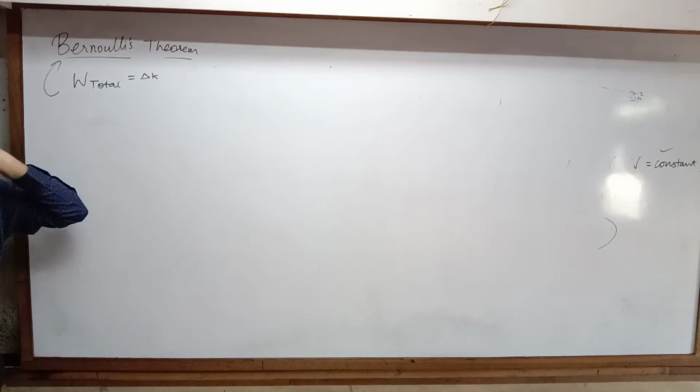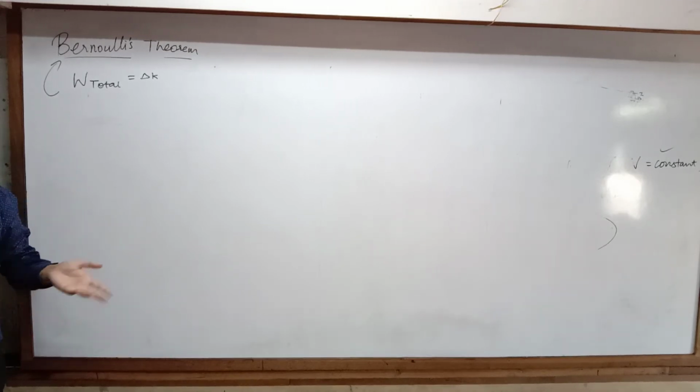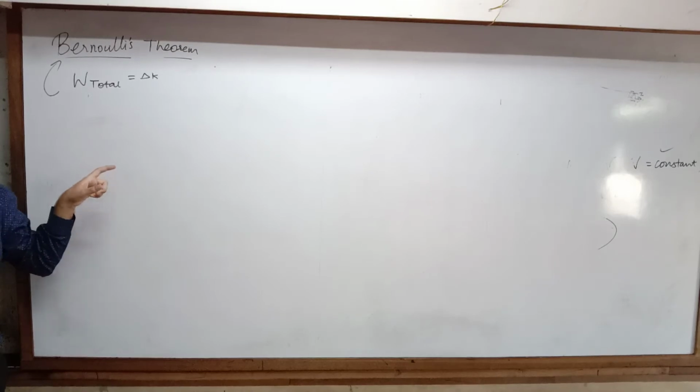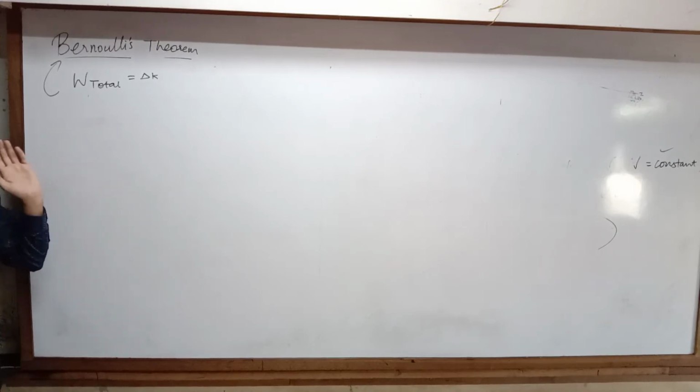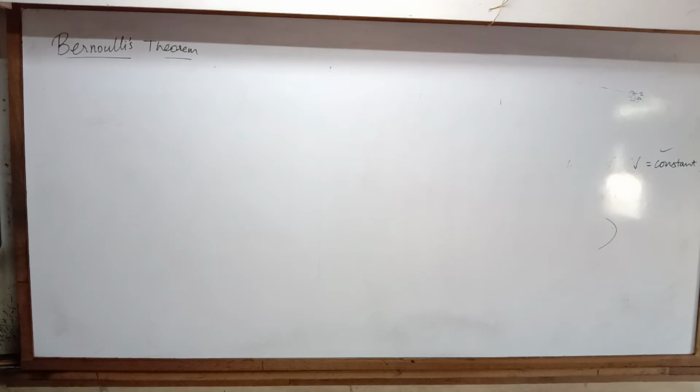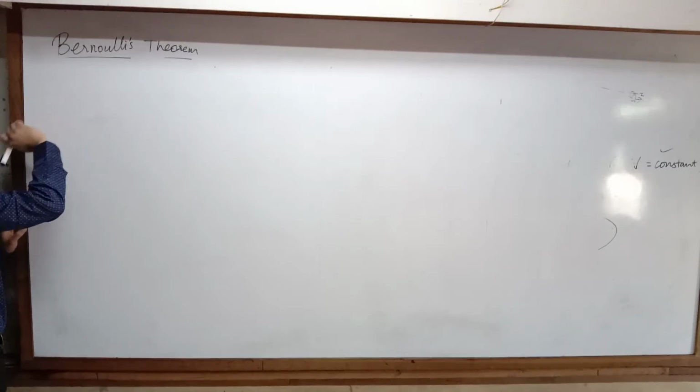So if someone asks me what Bernoulli's theorem is, it is the work energy theorem, but written in a different way, so that the viewer doesn't realize it's the work energy theorem. But you will have to understand how we get it. Then you will agree with me. Right? So, let's begin. For the work energy theorem to be used properly and without a lot of complicated maths here, we are going to make a few assumptions.